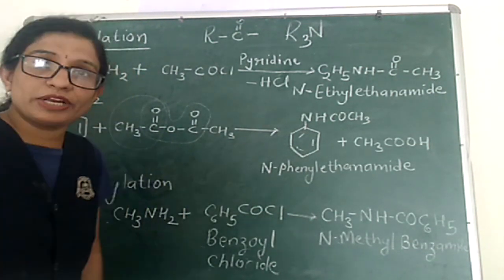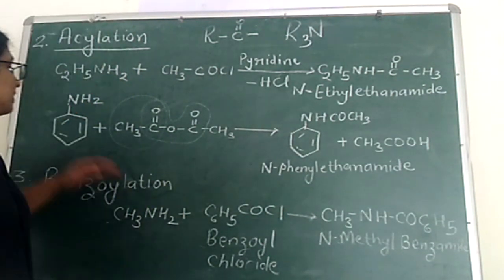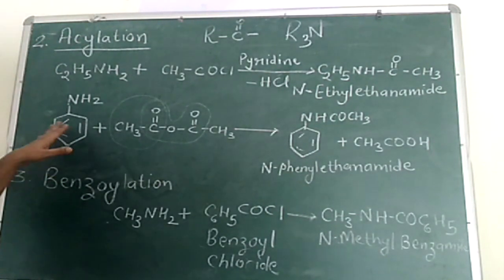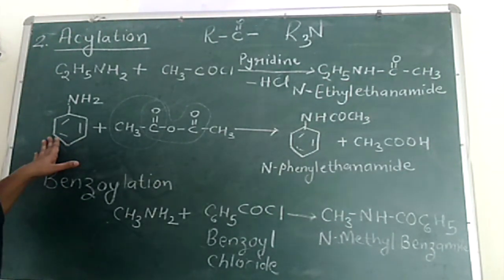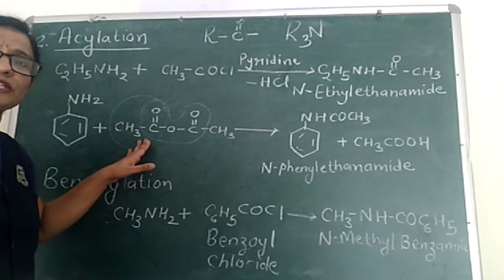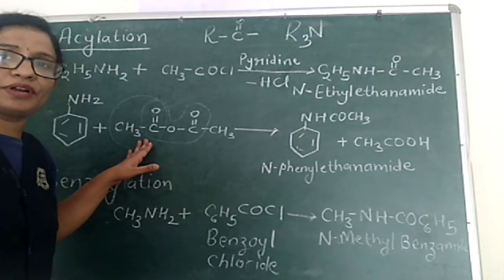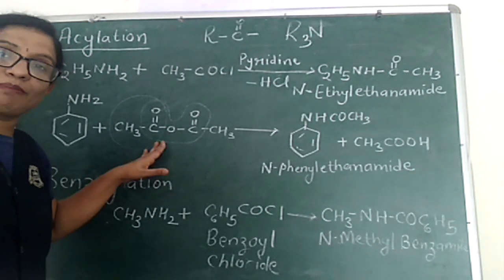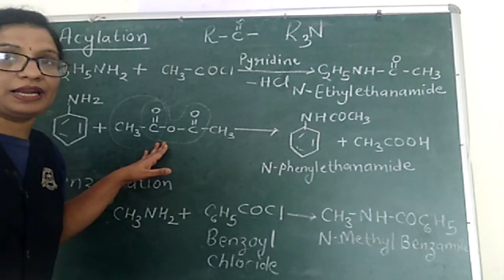Let's see one more equation showing the acylation, that of an aromatic amine. This is a primary aromatic amine. The common name of this amine is aniline, and the reaction is taking place with acetic anhydride. The IUPAC name of this compound is ethanoic anhydride.